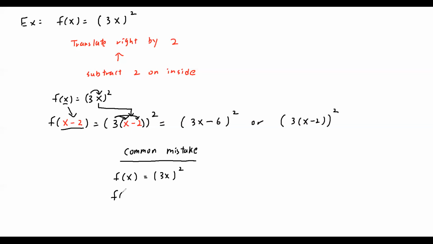A common mistake that people make: f(x) is equal to (3x)². They will focus too much on the right side and get f(x) is equal to (3x − 2)². Realize how they know they have to subtract 2 on the inside, but they just subtracted 2 from the x.